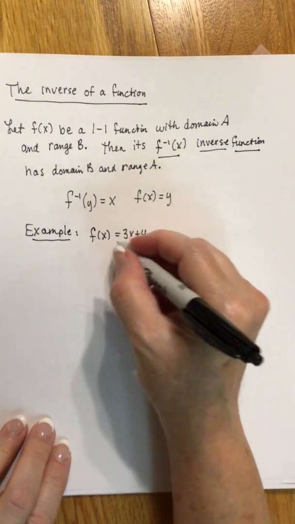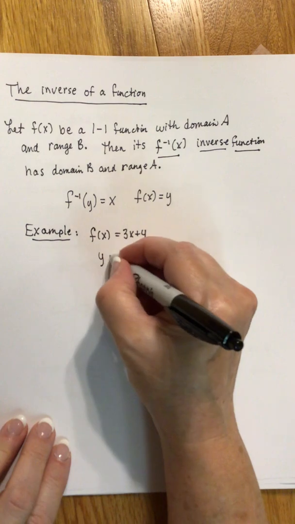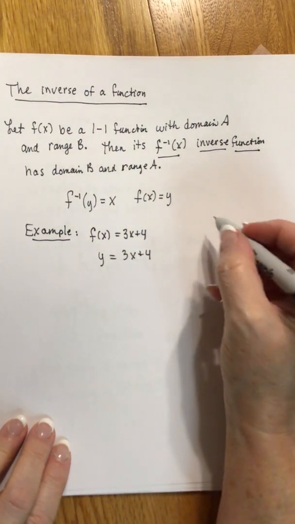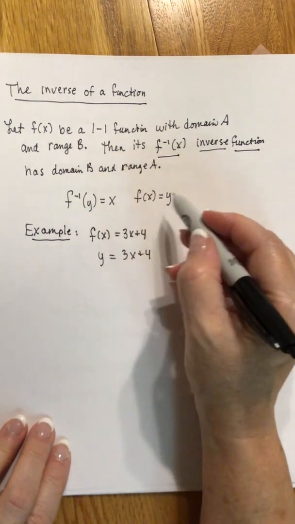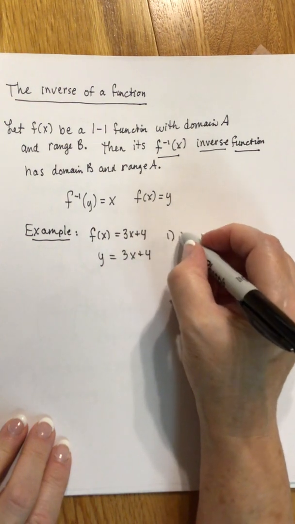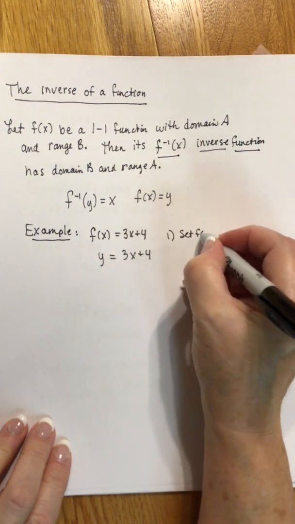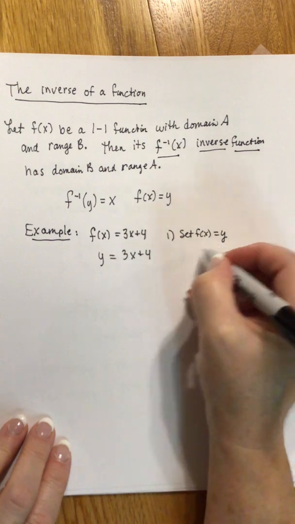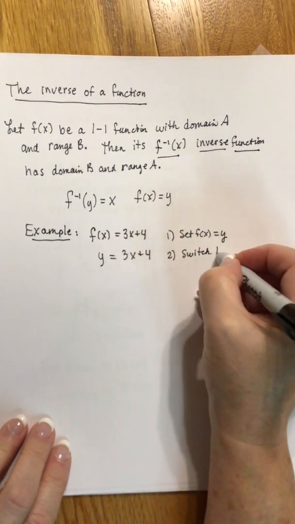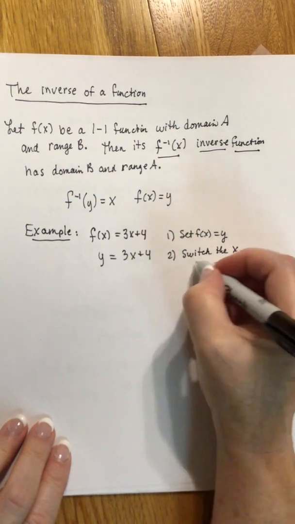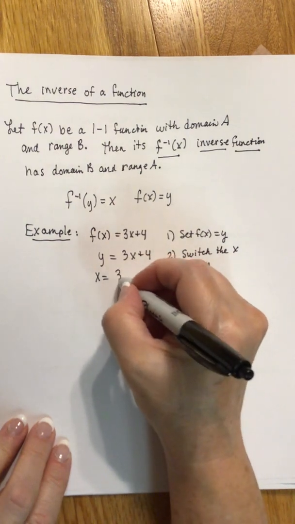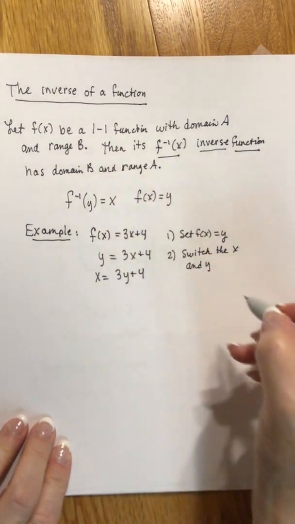So the first thing we're going to do is rewrite f of x as a y. Now we said that the inverse function switches the x and the y, so now we're going to switch the x and the y. So the first thing we did was set f of x equal to y. The second thing we're going to do is switch the x and the y. So now this becomes x equals 3y plus 4.